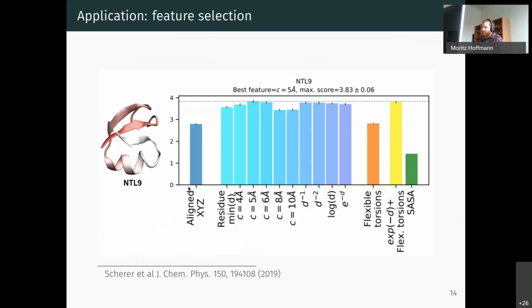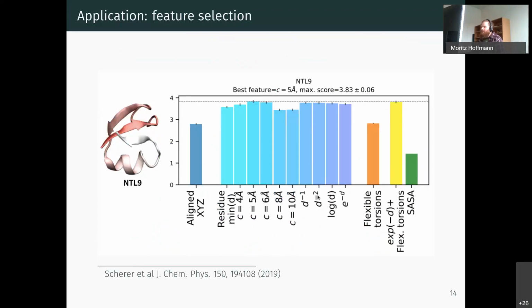Here you can see we have aligned XYZ, which is just the coordinates. Then we have residue distances, min distances, which means distances with a cutoff, so 4 angstrom, 5 angstrom, and so on.